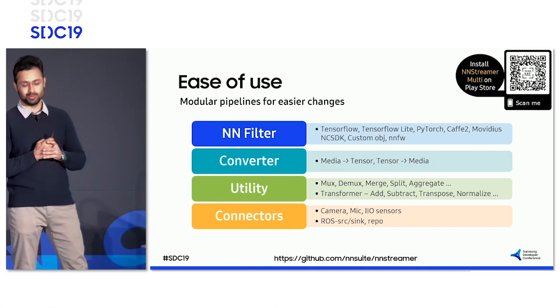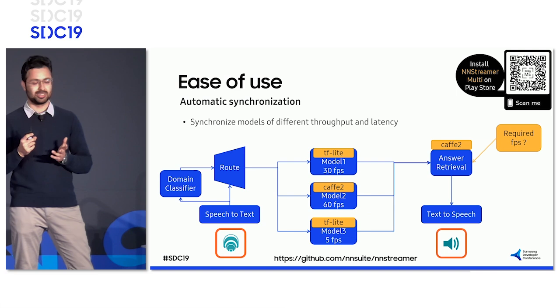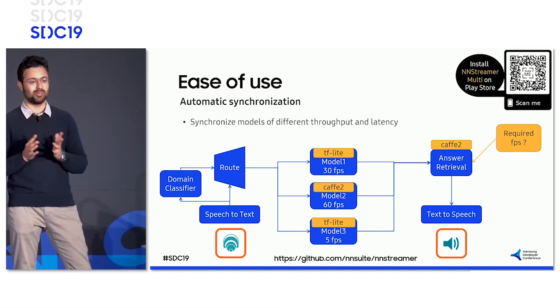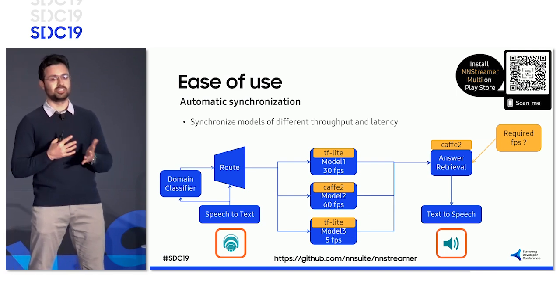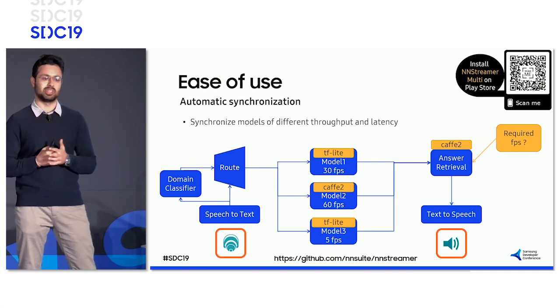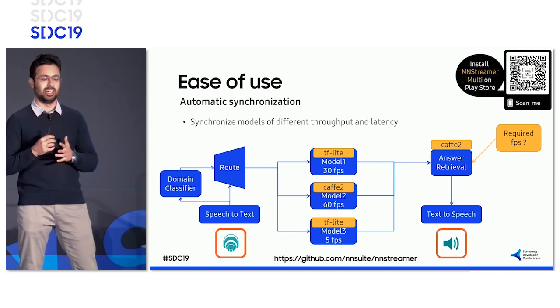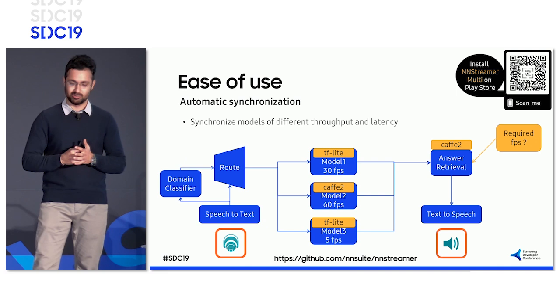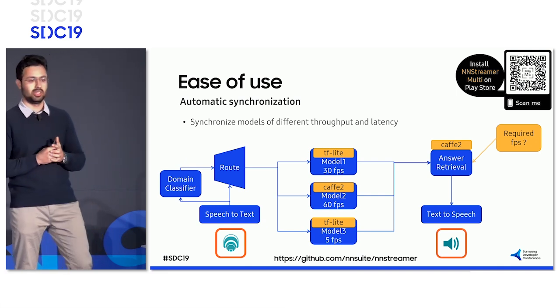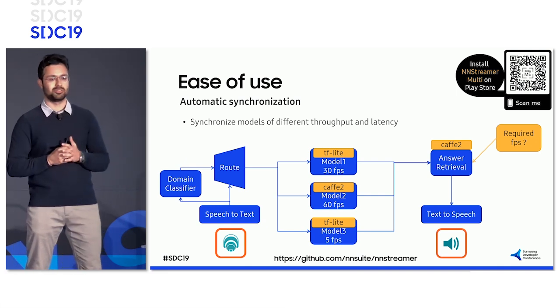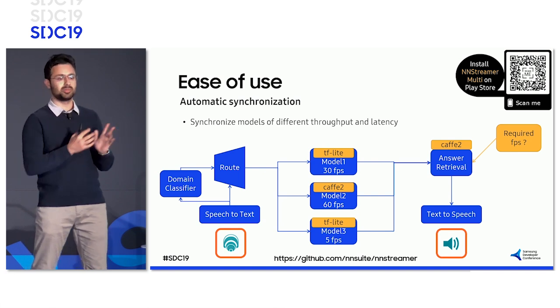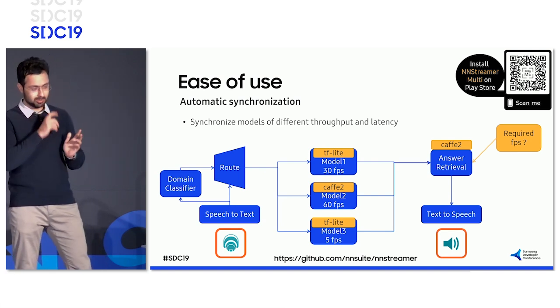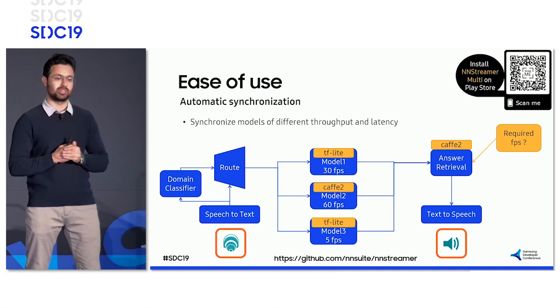And lastly, the fourth point is, here we'll discuss two of the optimizations which run in the background while the pipeline is running. So this is an example of automatic synchronization. This is a subset of the personal assistant, which we saw a few slides earlier.